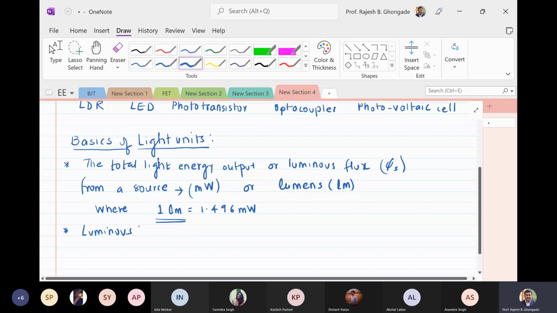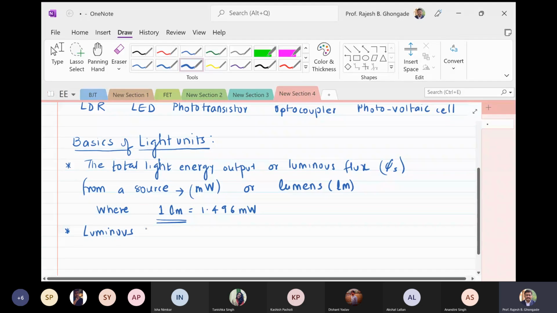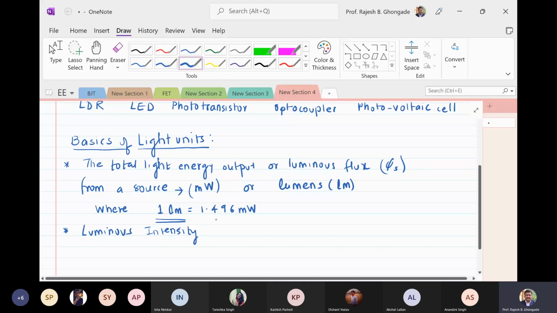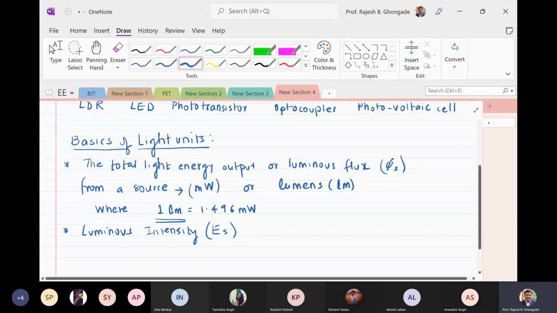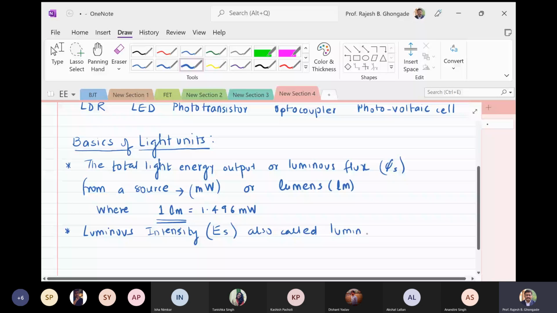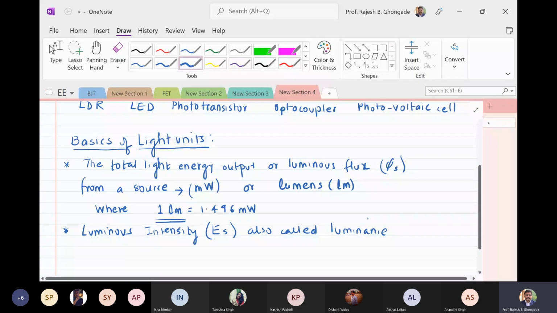So the luminous intensity, the next term is luminous intensity, which we'll call ES. It is also called the luminance of a light source.